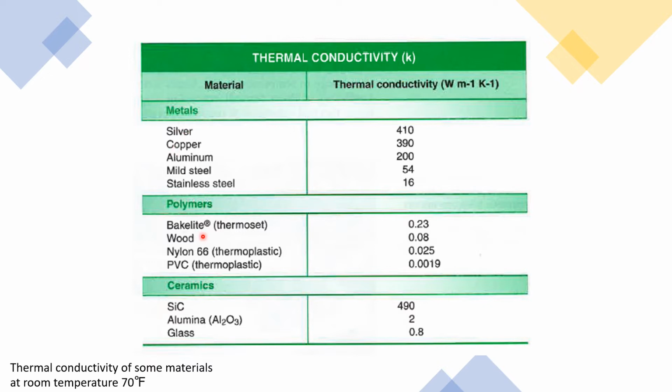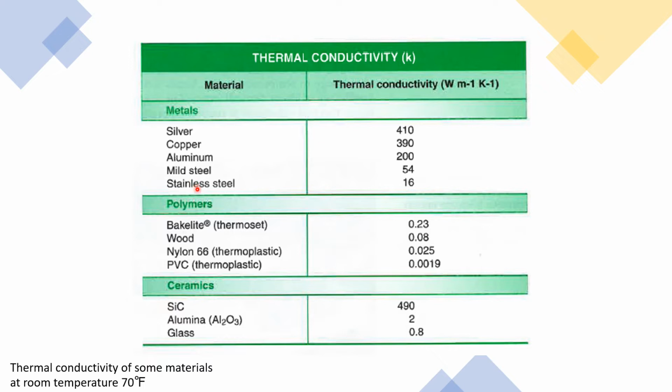So we have metals, your polymers, and then your ceramics, and we're looking at conductivity for these different materials. Pay attention to how it goes down from silver to stainless steel. Conductivity, pretty good. Silver, good, good.